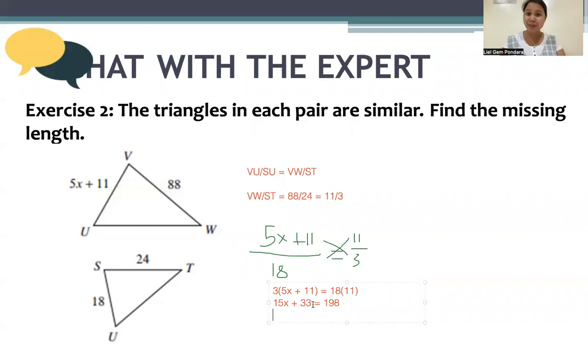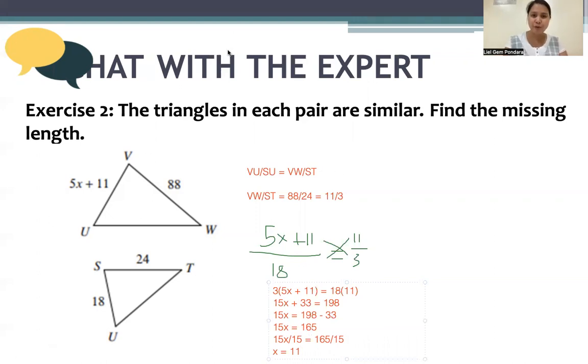We transfer 33 to the other side. So we have 198 minus 33. Subtracting them, we have 165. We divide both sides by 15. So our x is equal to 11.